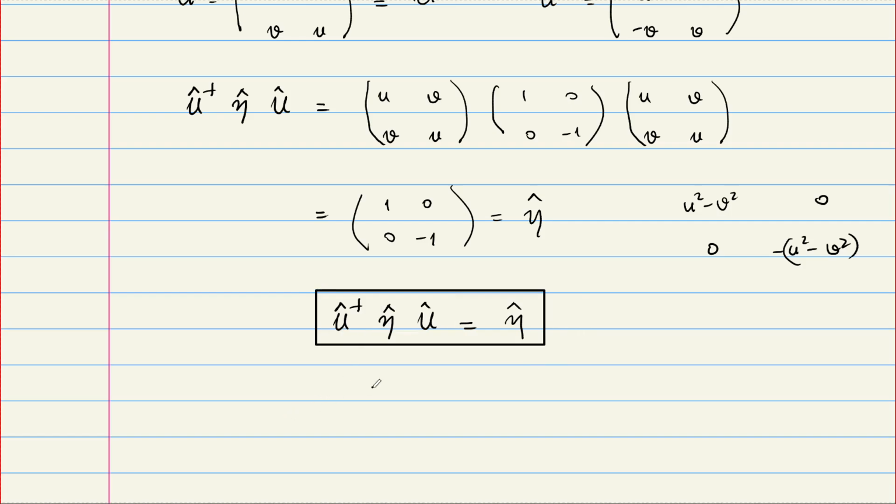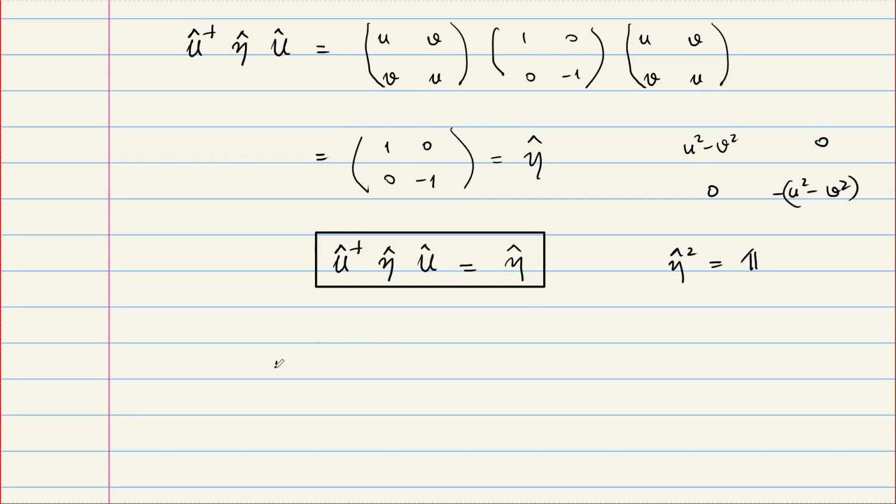From here we can also write this, right? I can multiply both sides with eta, and eta squared is 1, right? The square of any Pauli matrix is 1. Therefore, I'm going to have something like this: U dagger eta U eta is 1. So this is like a unity. I can insert it wherever I want.